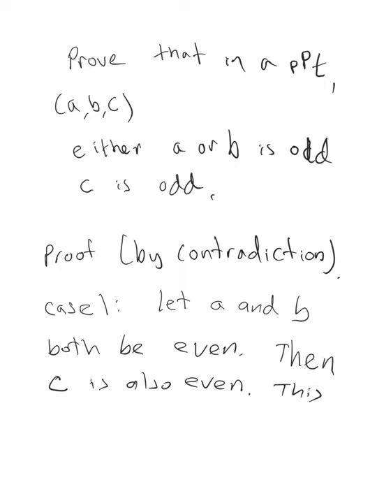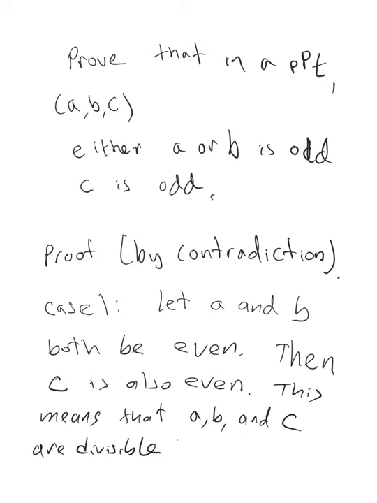So this means that A, B, and C are divisible by 2. So the triple would not be primitive. So we have a contradiction.